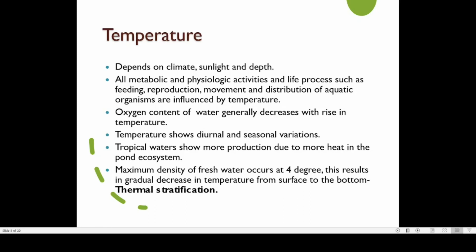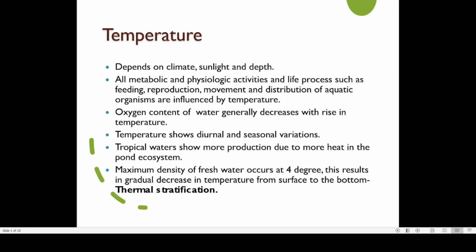Then, the maximum density of water occurs usually at 4 degrees centigrade. It is at 4 degrees centigrade that water is most dense. It has a lot of importance in the biological world. That means if you take ice, the temperature of the ice is 0 degrees. Ice normally floats on the surface of water.